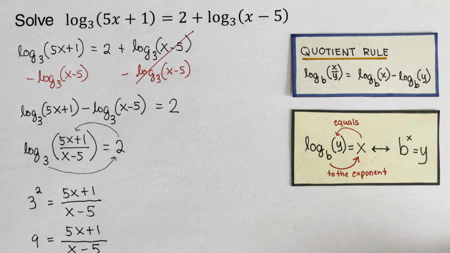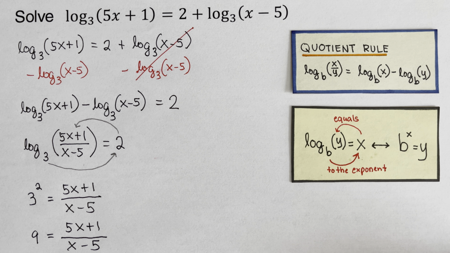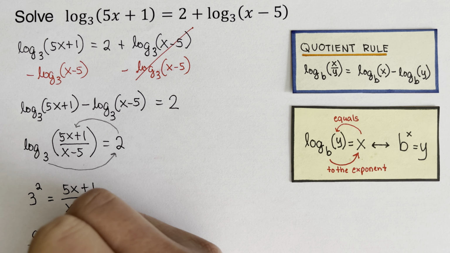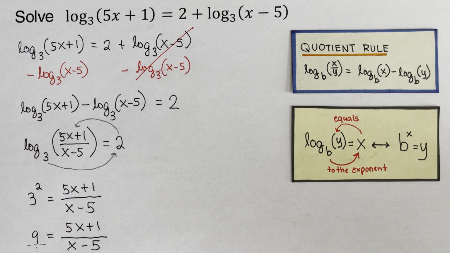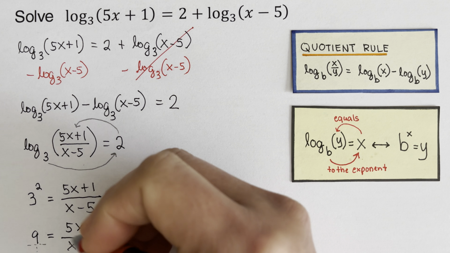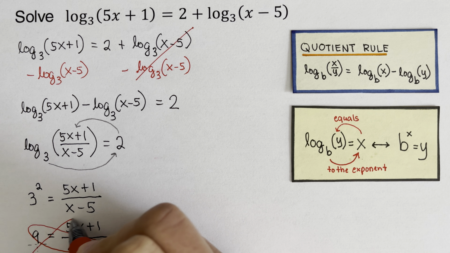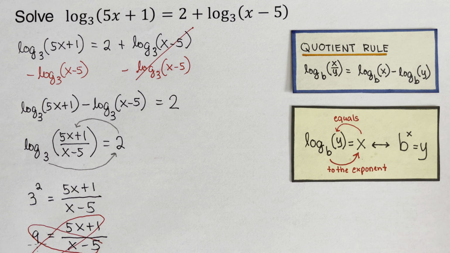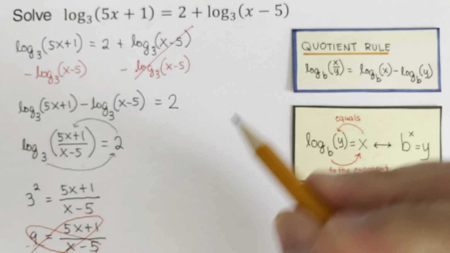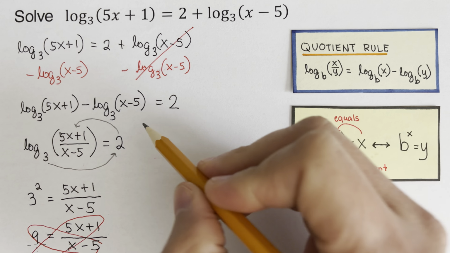Okay, we remember that 9 has an invisible denominator of 1. So I'm just going to write the 1 right there so that we can cross multiply this expression with a 9 and this expression with 1, and show the work on the side right here.